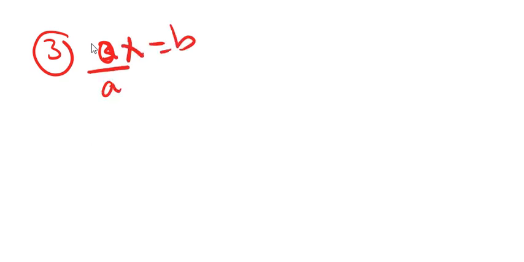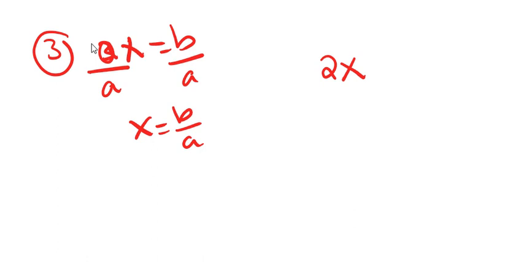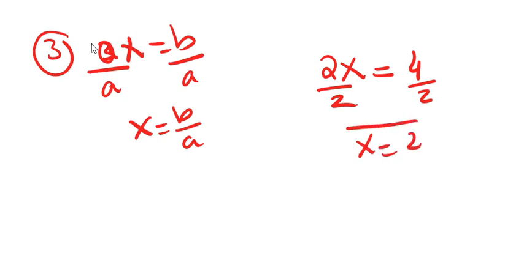Now if there is a number with the x, for example number 3, if you have ax equals b, we divide by a, then x equals b over a. For example, if you have 2x equals 4, we divide by 2, then x equals 2.